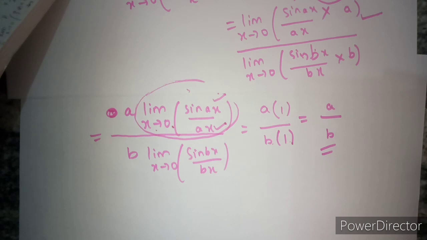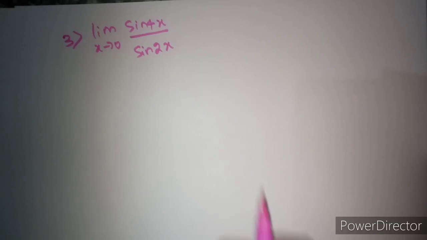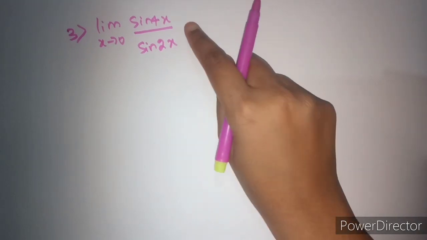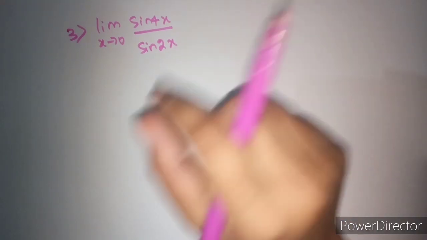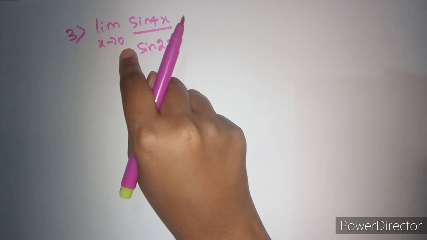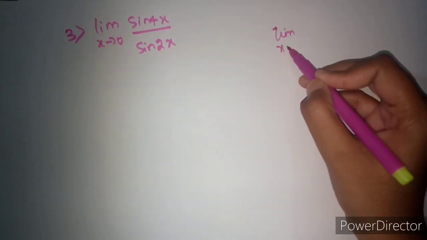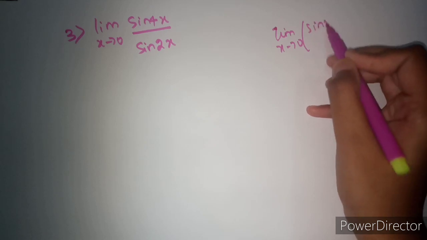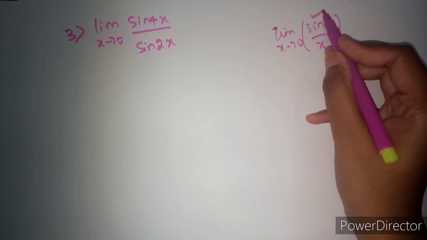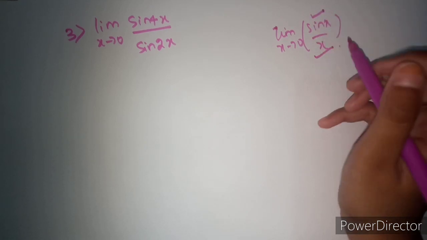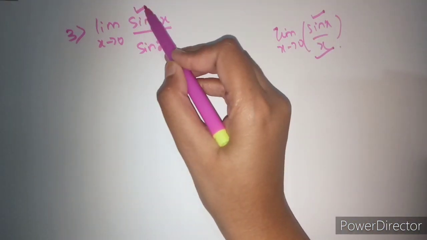I hope you understood the second one. Let's move on to the third problem. Okay. So the third problem is limit x tends to 0, sin 4x by sin 2x. So the first condition is x is tending to 0 and the formula is limit x tends to 0, sin x by x. In the numerator we have sin x and in the denominator we should have x, right? So here we have sin, here also we have sin.